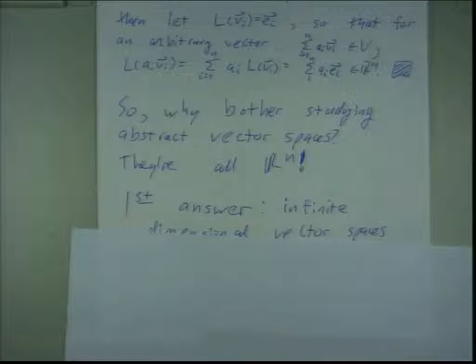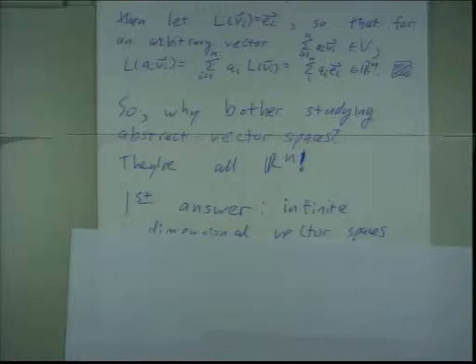Because if you take a look at the difference between them, you have another polynomial. And this can only be the zero polynomial, the zero function, if and only if all the coefficients are 0. Right? You know that if a polynomial has infinitely many zeros, it has to be identically 0. So this tells you that this is an infinite dimensional space because it has infinitely many independent vectors.